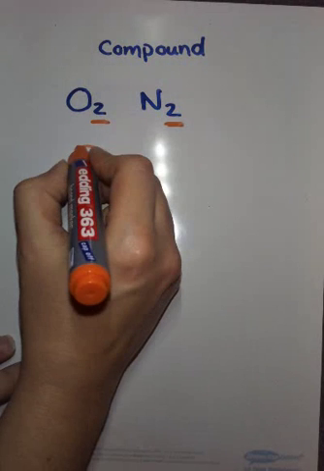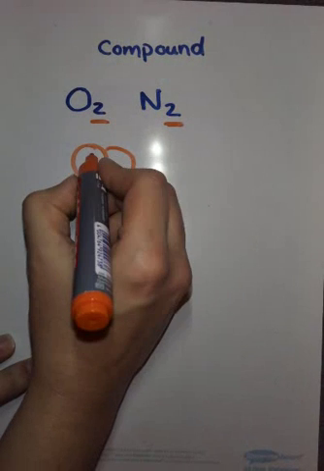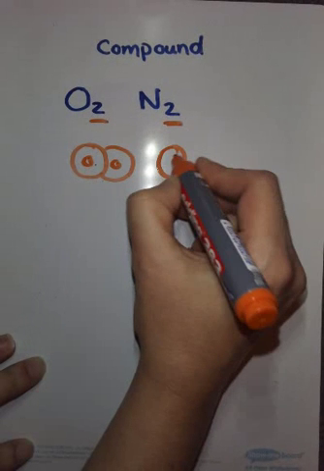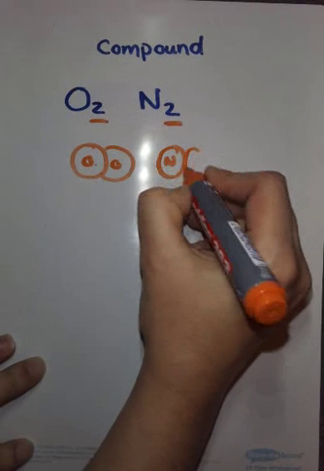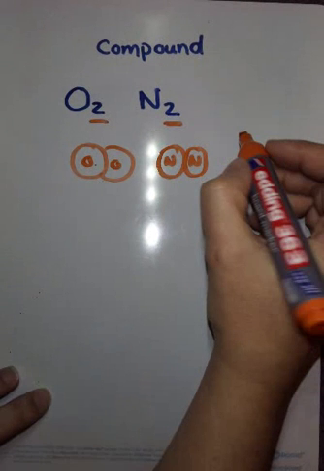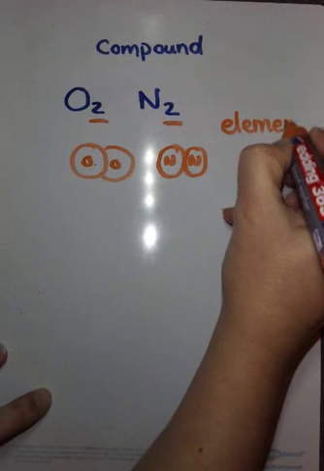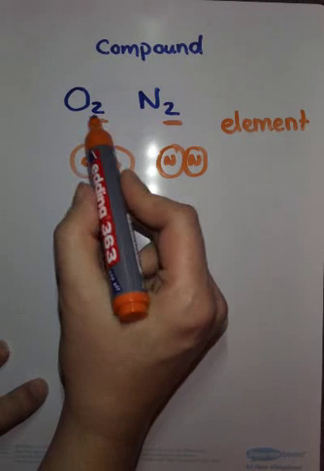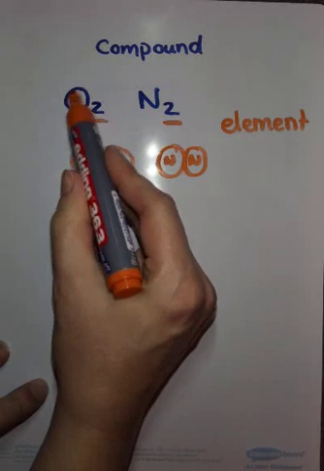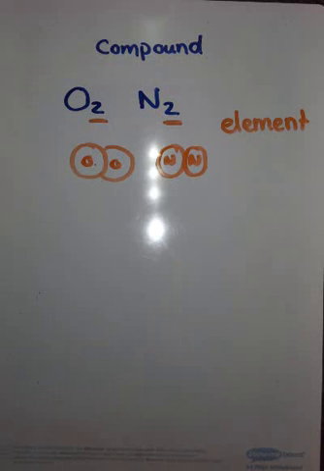So if we were going to draw them, we'd have 2 oxygen atoms, or similarly 2 nitrogen atoms, and they like to go around in pairs. But these are still an element. When we look at the chemical formula here, we've only got one capital letter, one element, oxygen and nitrogen. Now when we're looking at compounds, we will have more than one element being involved.